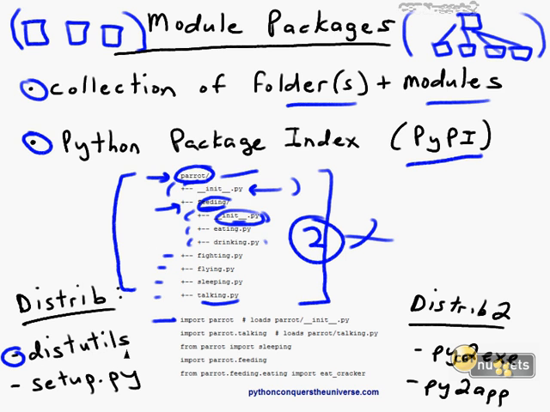This is itself a package that comes with the standard library in Python, and the net effect of using the distutils, the distribution utilities, is that you wind up with a setup.py file that your users can simply run. Let's look at it as a Python version of the InstallShield, or in the Mac world, the Wise installation. You see what I mean? Setup.py is what you typically wind up with distutils.